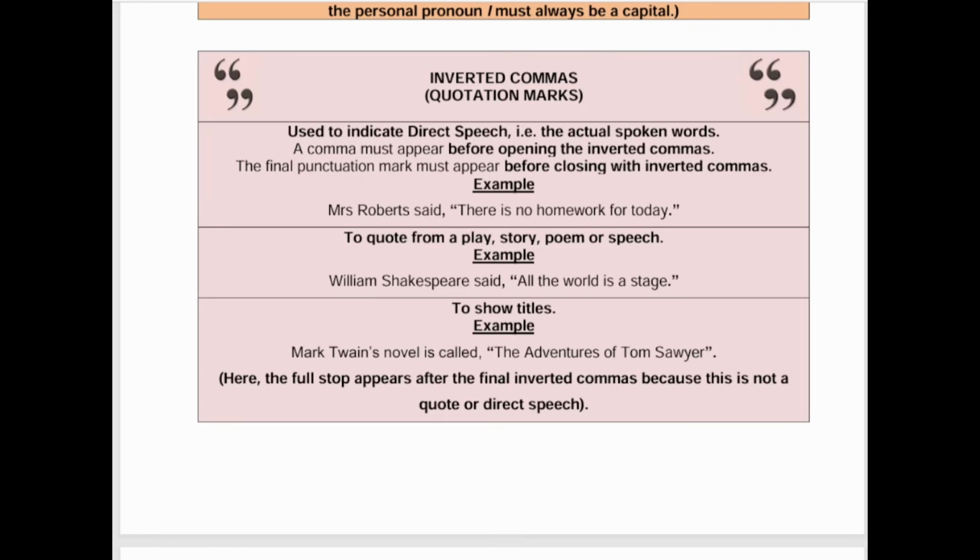So if you want to quote the title of a certain play or some words in a play, you're supposed to use inverted commas. You want to quote a story, you have to use inverted commas. You want to quote a certain poem, you're also supposed to use inverted commas. You want to quote a speech.